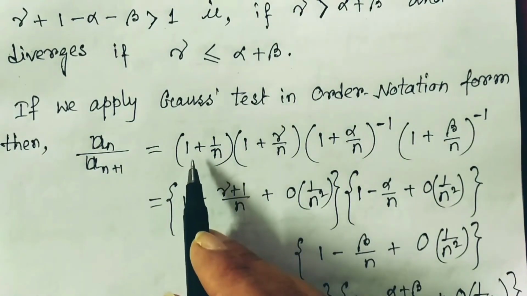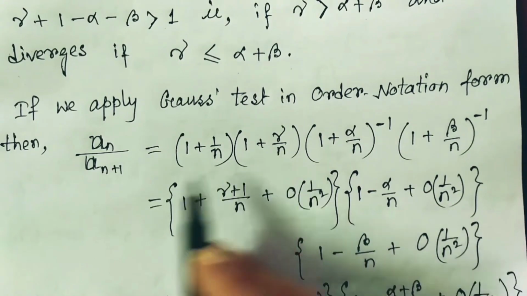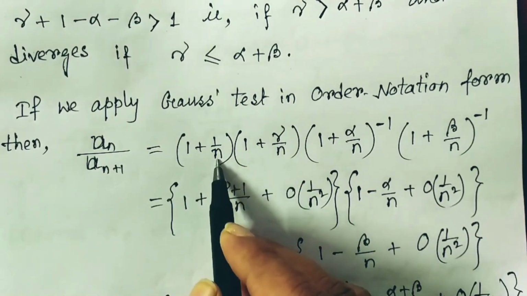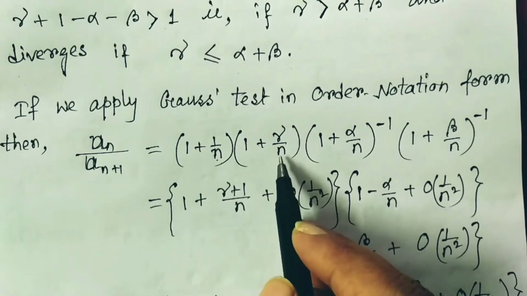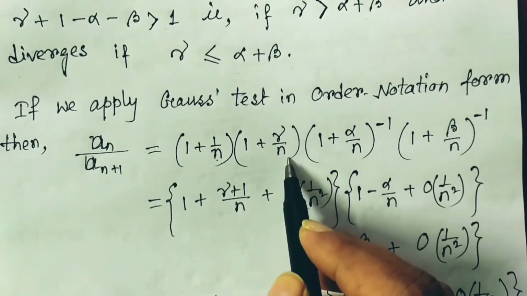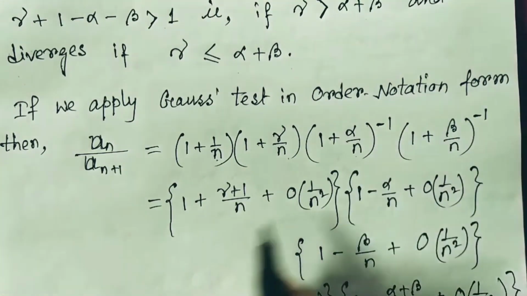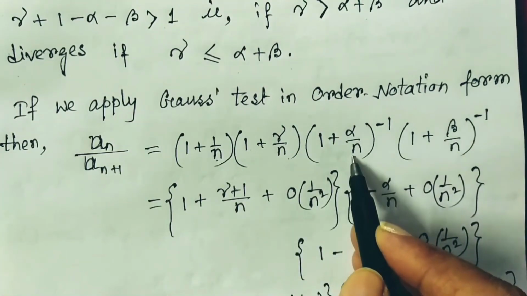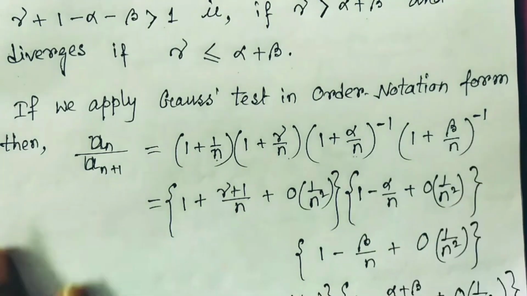That is n plus 1, then gamma plus 1 na? So n plus 1 we can write 1 plus 1 upon n just by dividing the denominator and numerator by n. So it is 1 plus 1 by n. Then next one it is 1 plus gamma by n. And as this 1 plus alpha by n is in the denominator, we take minus 1 as the power if we write it in the numerator. Similarly 1 plus beta by n to the power minus 1, that we can write.